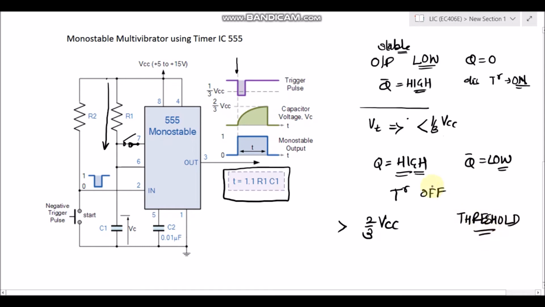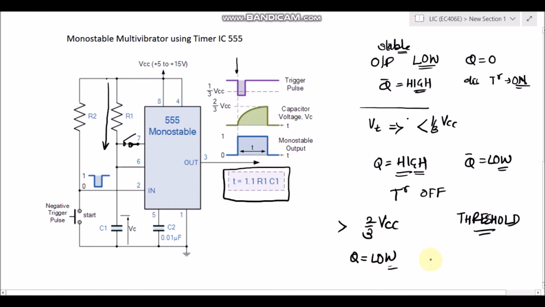When the voltage at pin 6 goes above 2/3 of VCC, the upper comparator, which is connected to the reset of the flip-flop, will be on, and it will reset the flip-flop. Thereby, the output will become low. So we have seen when the capacitor voltage goes to 2/3 of VCC, the output will become low.